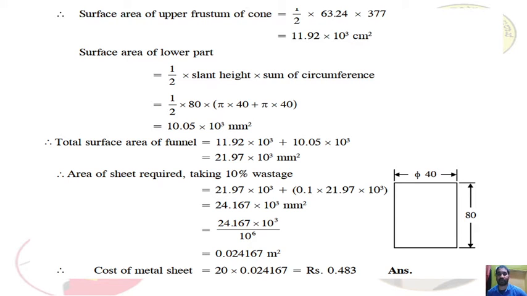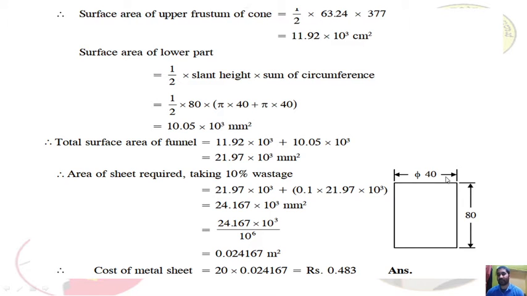We still have the lower portion, as you can see in the figure. This is a hollow cylinder of diameter 40 and height 80. You have to develop this sheet and calculate the area. When developed, the diameter is 40, so pi into 40 gives the length, and the height is 80, which is constant.